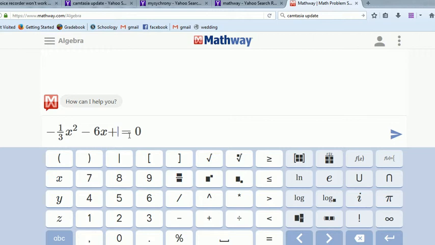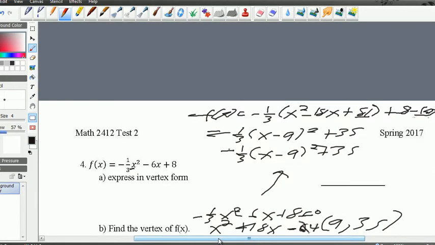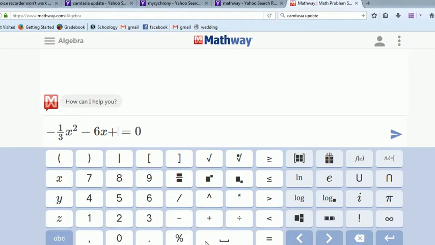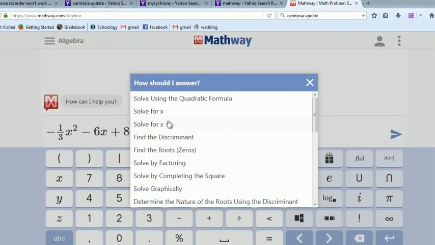But the original was minus 1/3 x squared minus 6x plus 8. If we find those zeros, it should ask me to solve for x.